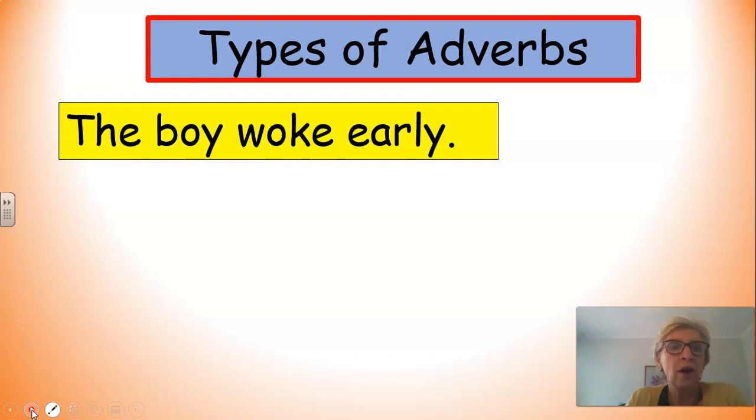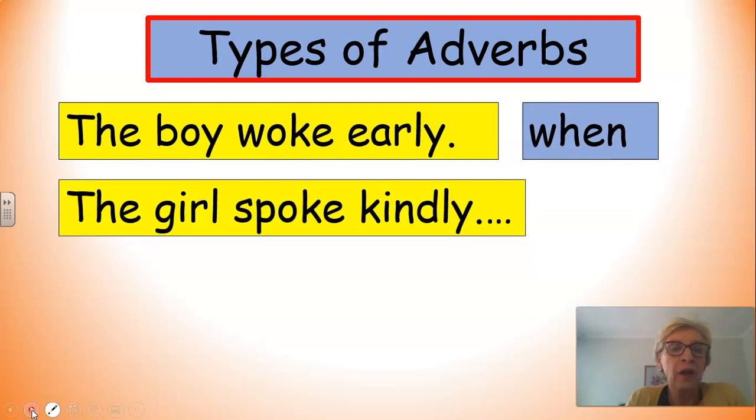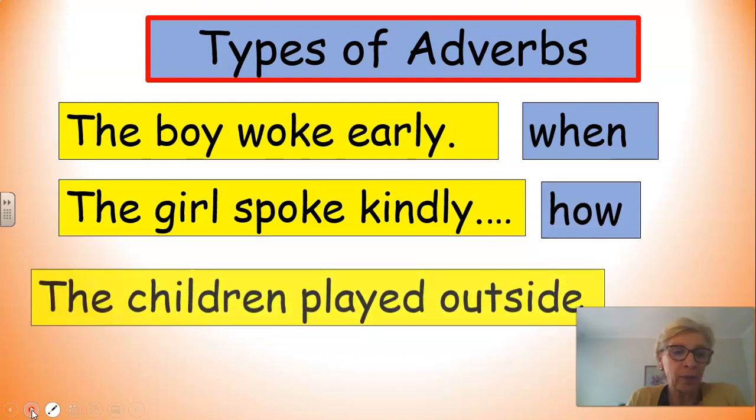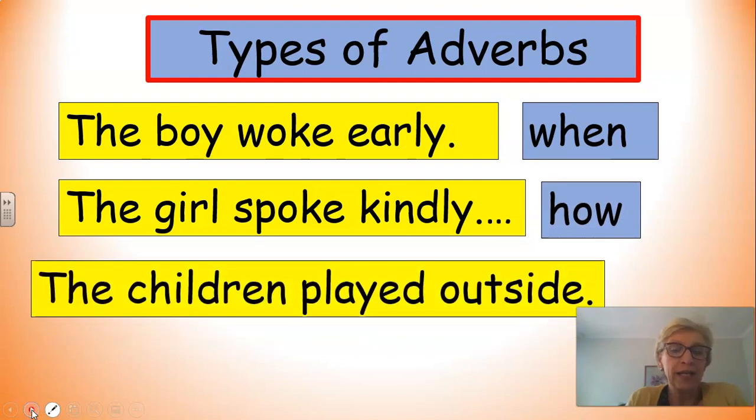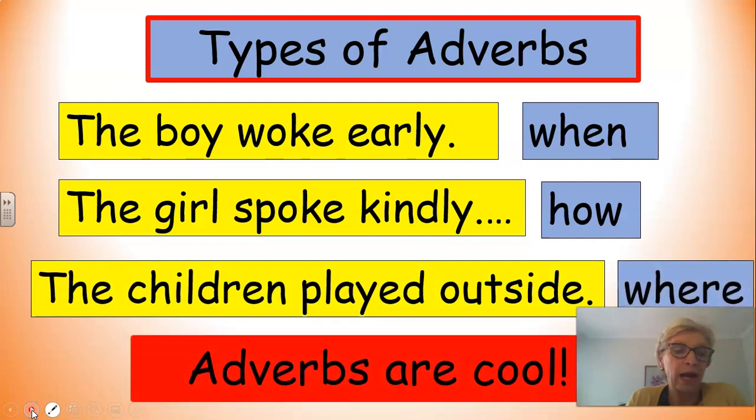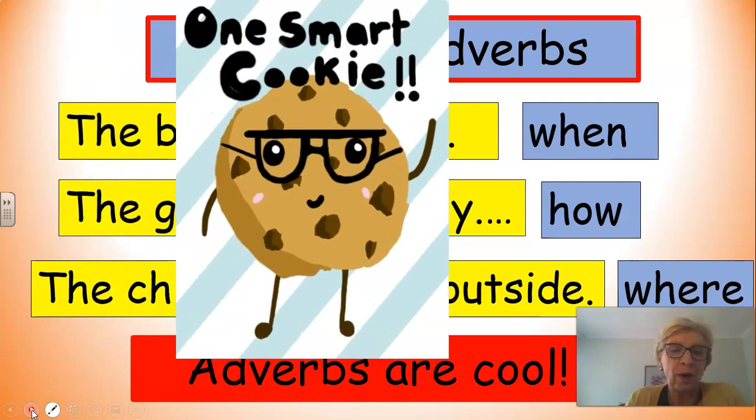He woke early. It's an adverb of time. When. The girl spoke kindly. How did she speak? That's an adverb telling us how she spoke. The children played outside. And the adverb outside tells me where the children played. Adverbs are quite cool.